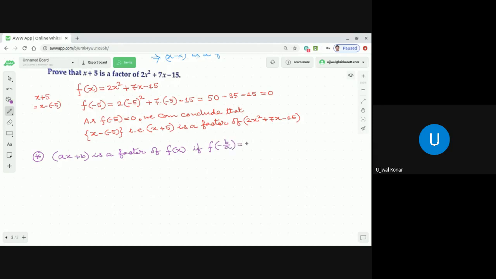Got it? If f of minus b by a is equal to 0, then we can say that ax plus b is a factor of f(x). And the converse is also true.